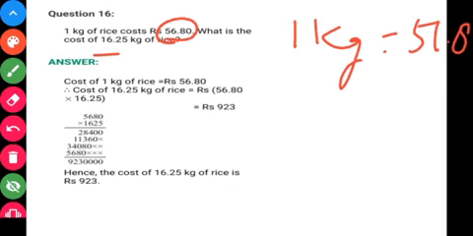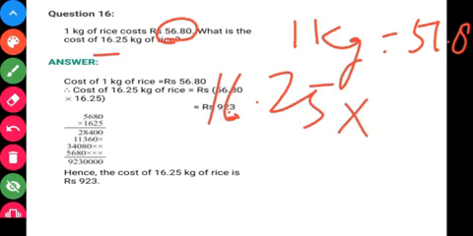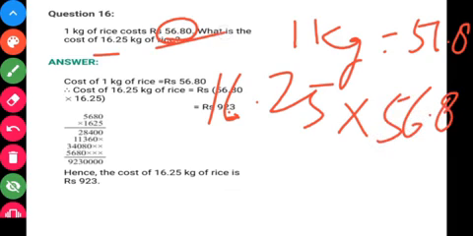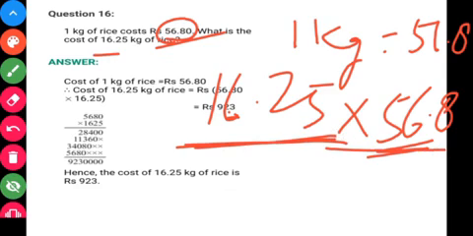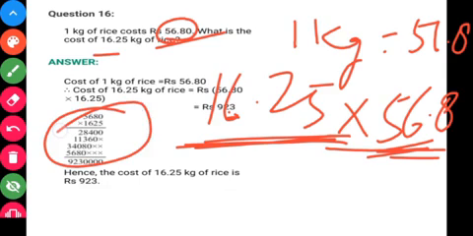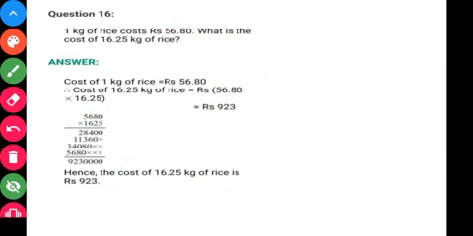Therefore, cost of 16.25 kg will be equal to 16.25 into 56.8, because cost of 1 kg is 56.8. Understand? Now you can multiply decimal by decimal. So first you multiply as whole numbers. Okay, then you get this, and now put the decimal places. Now come to next exercise.